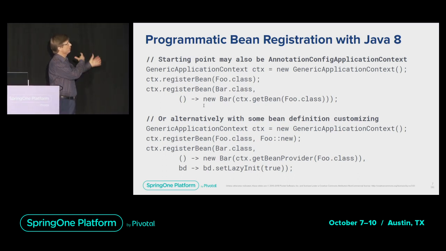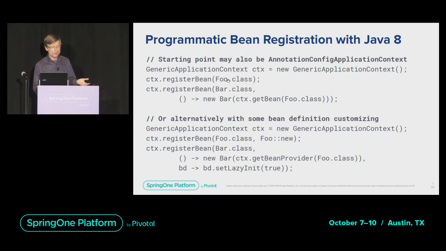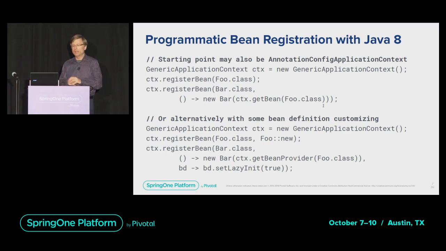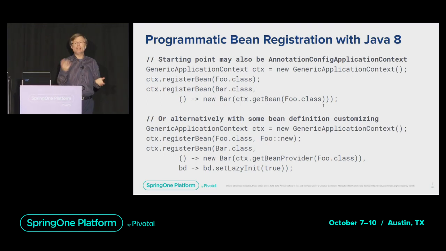Programmatically registering a bean of type foo or a bean of type bar with default instantiation through the constructor, or with an instance supplier, as we're calling it, where a passed-in lambda expression adapted to a Java util function supplier is now going to build the instance whenever the container needs it.